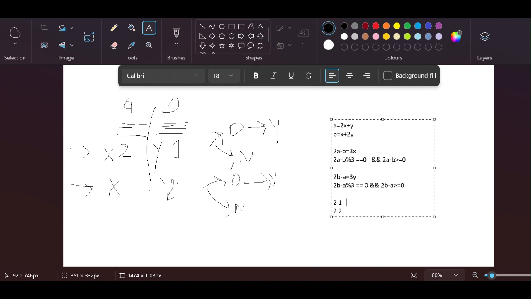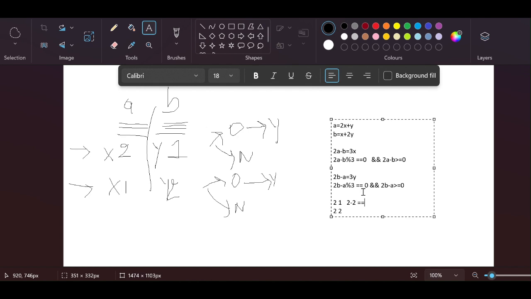And for the second condition, 2b minus a: 2 into 1 is 2, minus a, where a value is 2, that means here the result is 0. So when 0 is divided by 3, we get 0 as an answer.